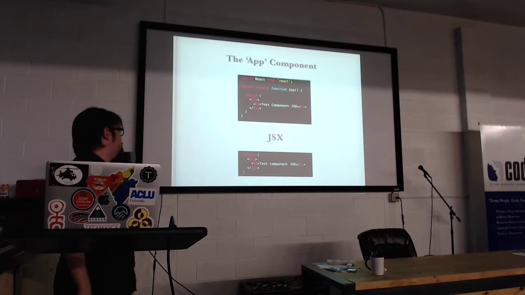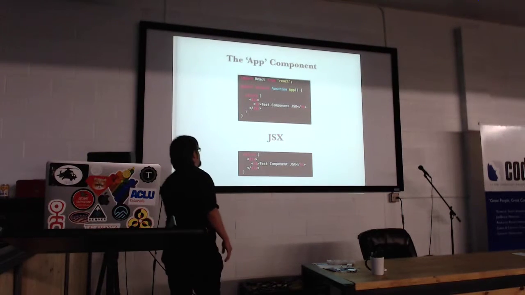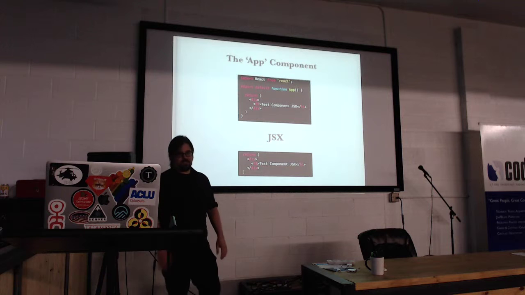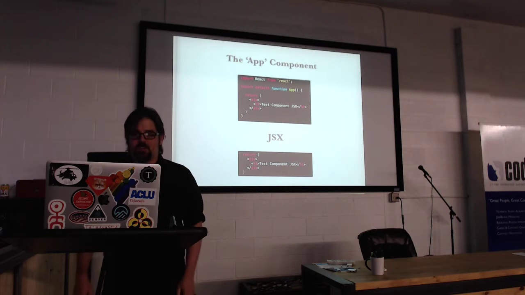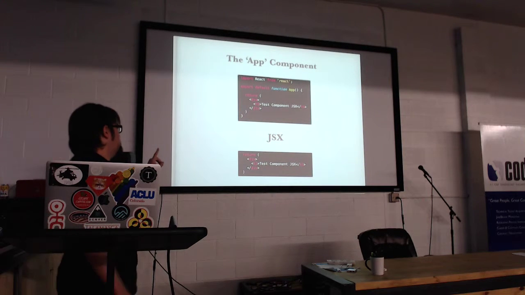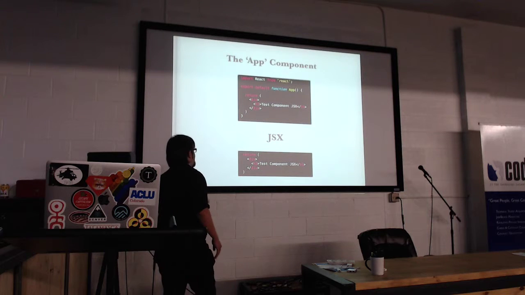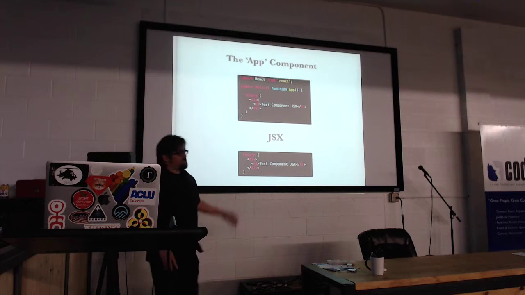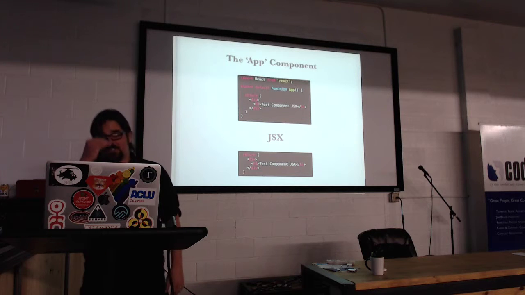Skip ahead a little bit to talk about JSX. Here's an example of JSX. All React components act like a function, and all React components have a return statement which provides JSX. JSX looks a lot like HTML, and it is incredibly similar to HTML.